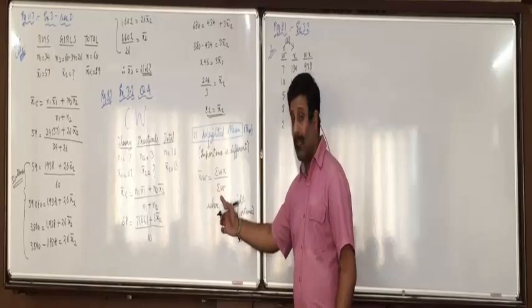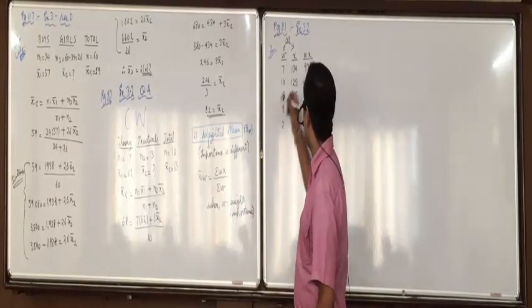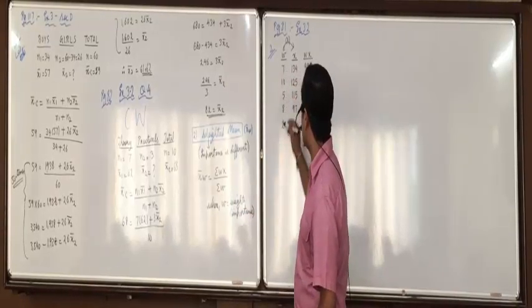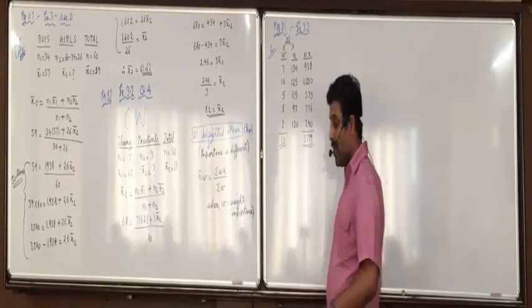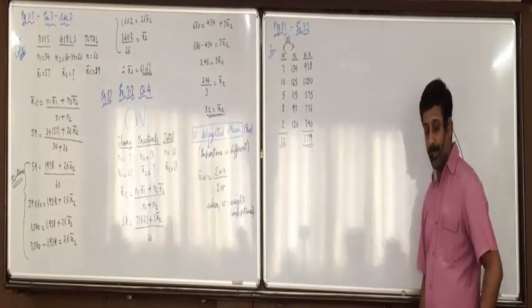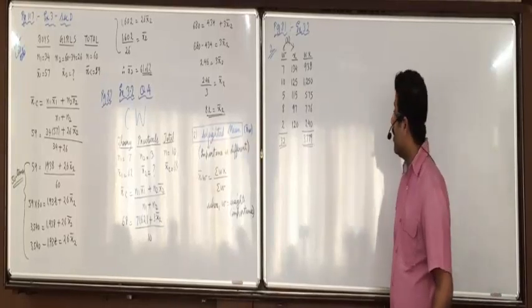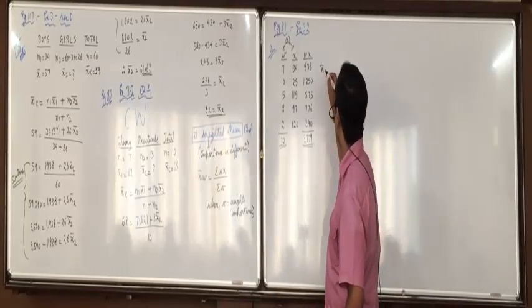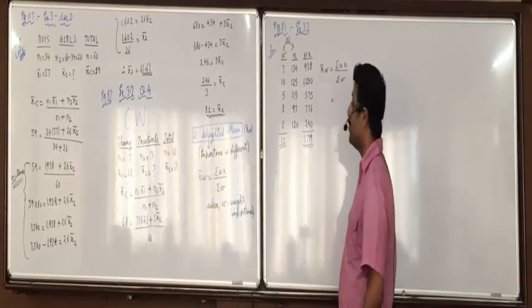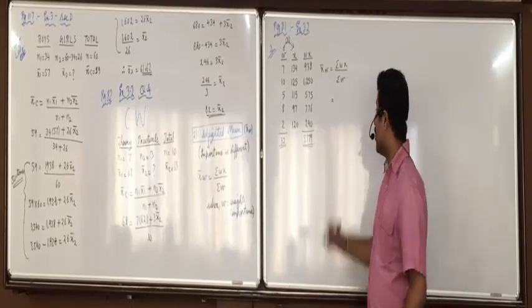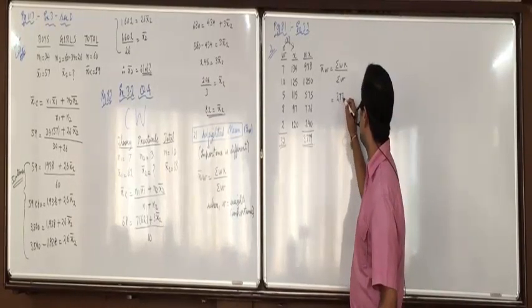Also we require sigma W. Now W's total: 7, 17, 22, 30, 32. Do the total of W, you get it as 32. Okay. So X bar W is equal to sigma Wx upon sigma W. So 3779 upon 32.